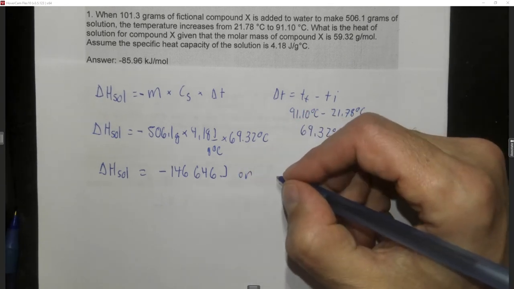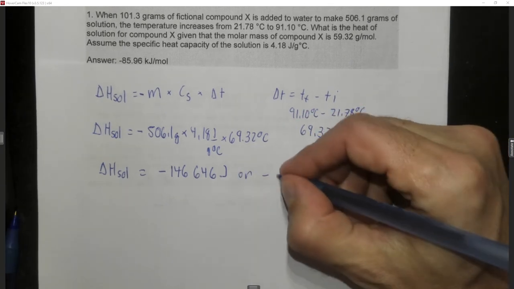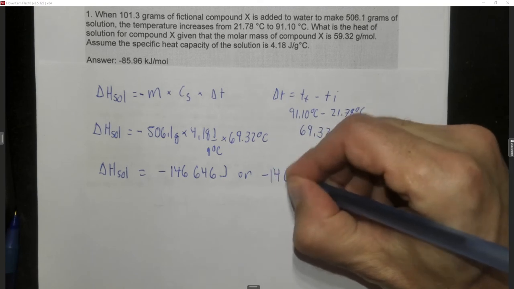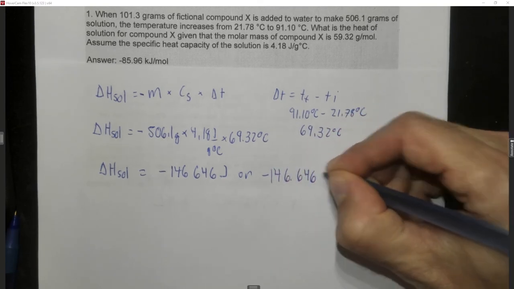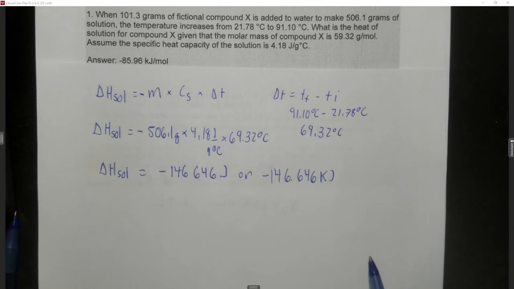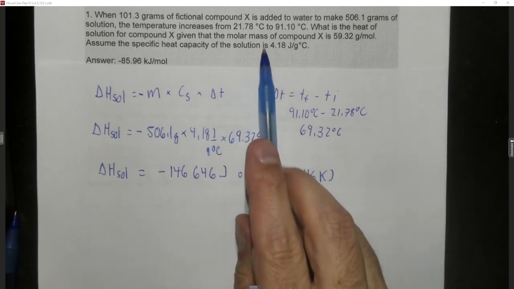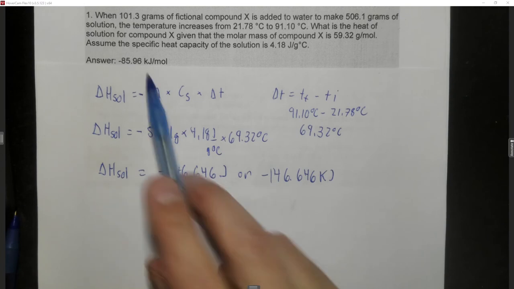Or, we can write this in kilojoules, divided by 1,000, negative 146.646 kilojoules.